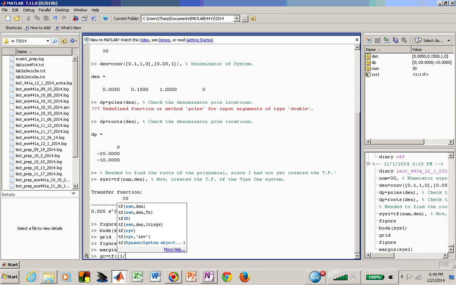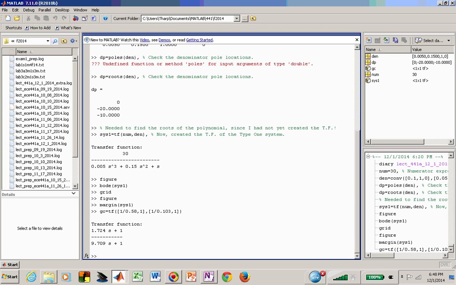Let me now build up my controller transfer function as a numerator polynomial, which is 1 over 0.58 comma 1, and a denominator polynomial of 1 over 0.103, comma 1, and that's now my controller transfer function. And I could look at that, I could say, where's the 0 at?